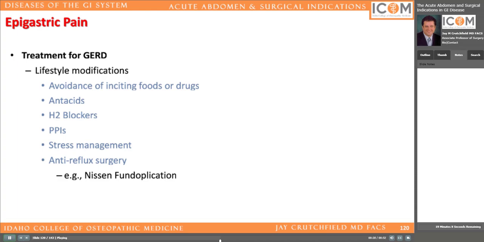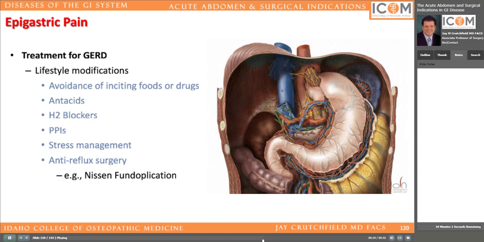Taking antacids can help, PPIs and H2 blockers, stress management, and occasionally anti-reflux surgery, such as a Nissen fundoplication, an operation where the fundus of the stomach is wrapped around the esophagus to recreate an esophageal sphincter and decrease the risk of reflux disease.